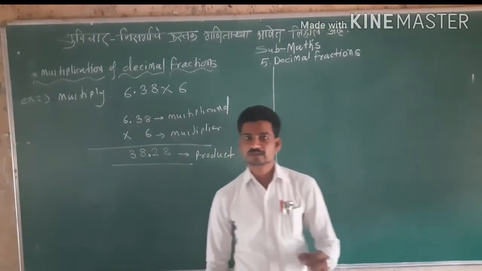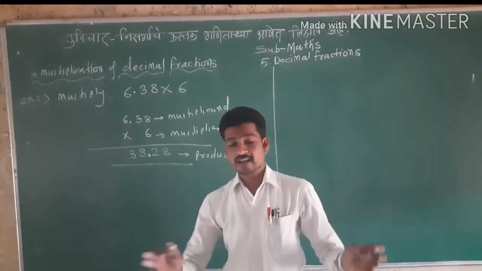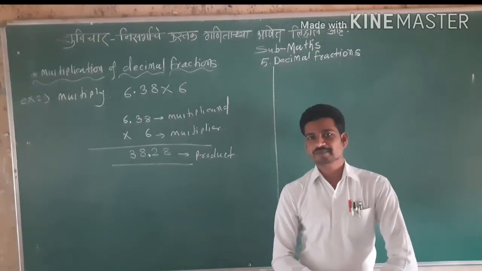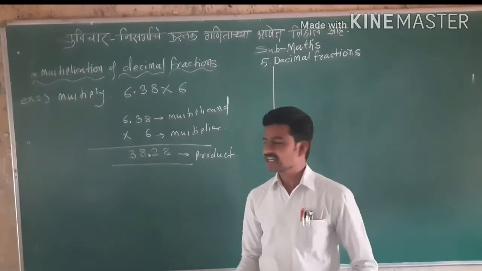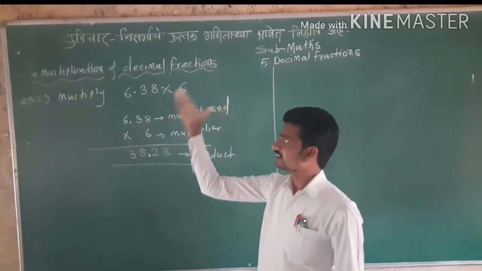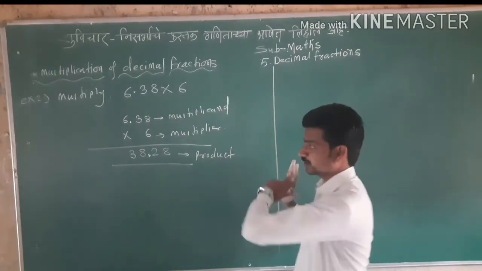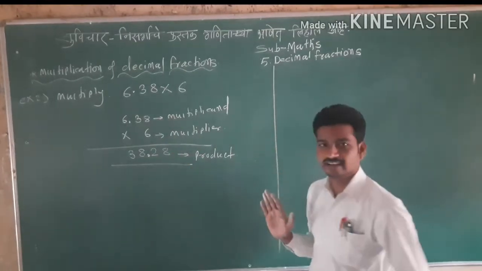That rule we don't use in this multiplication of decimal fraction. बेरीज आणि वजाबाकीमध्ये जो नियम आहे दशांश चिन्ह लिहिण्याचा उत्तरामध्ये, तो मात्र गुणाकारामध्ये तसा नाही. गुणाकारामध्ये गुणक आणि गुण्यामध्ये दशांश स्थळानंतर जेवढे प्लेस आहेत तेवढे प्लेस उजवीकडून डावीकडे उत्तरामध्ये सोडा आणि दशांश चिन्ह द्यावे.